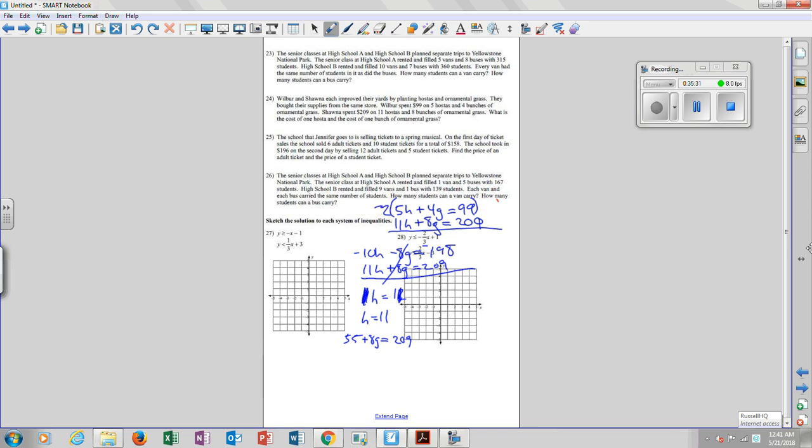Minus 55 gives you 154, divided by 8 gives you 19.25. And so H is 11 and your ornamental grass is 19.25.